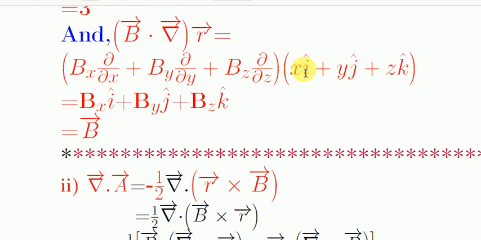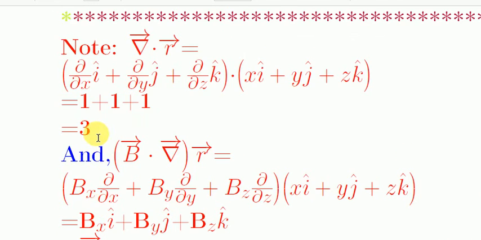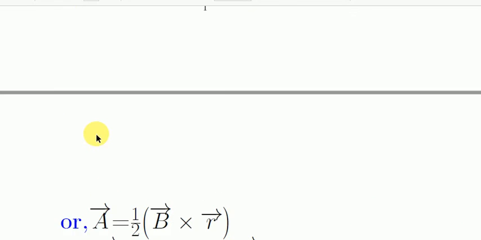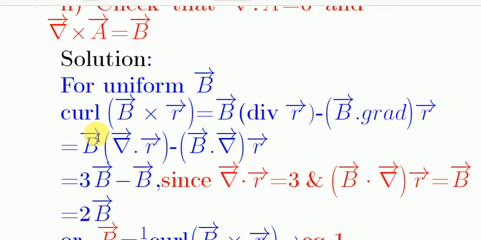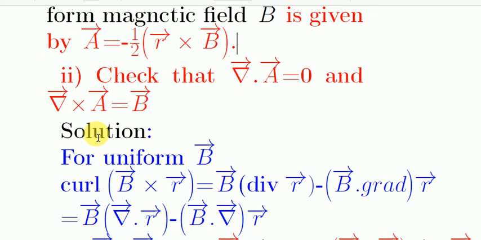If we simplify this, then we can easily write Bx i cap plus By j cap plus Bz k cap, and this is equal to B vector, which is the uniform magnetic field here. So this was the complete discussion today, and this is a very important problem in magnetostatics.